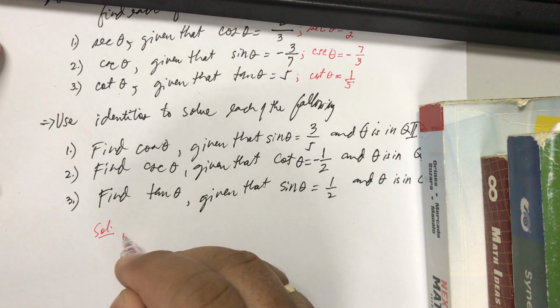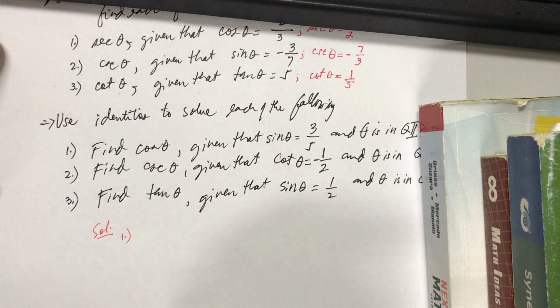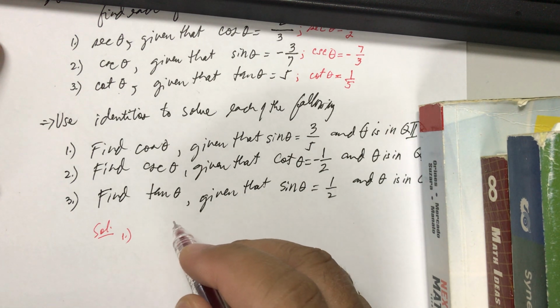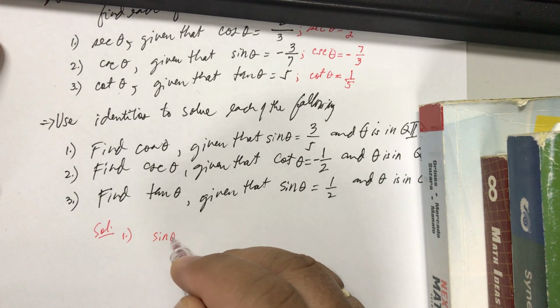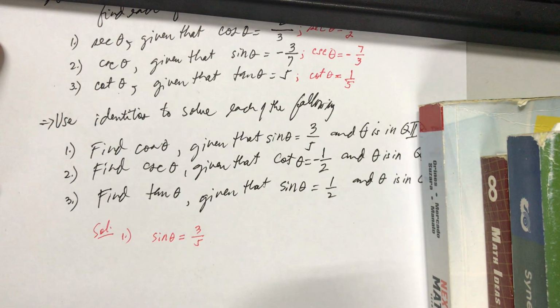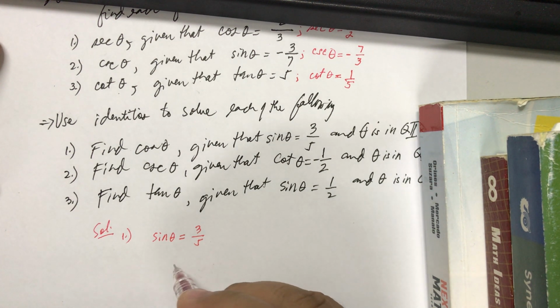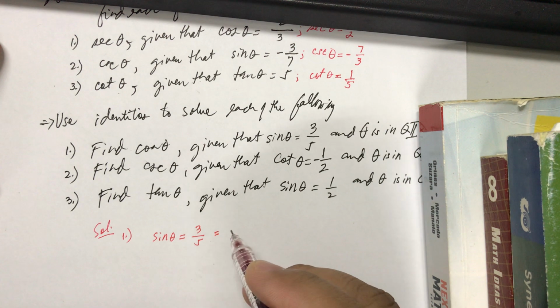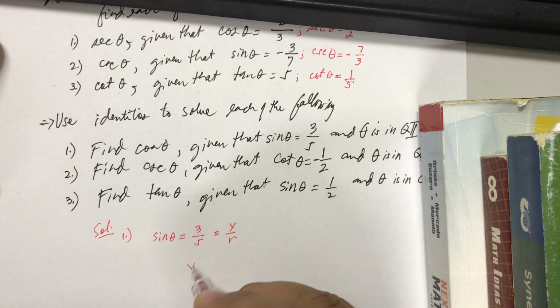Solution for number 1. You rewrite the given. Sin theta is 3/5. The definition of sin theta is y/r. Meaning to say, since sin theta is y/r, it follows that y is equal to 3 and r is equal to 5.